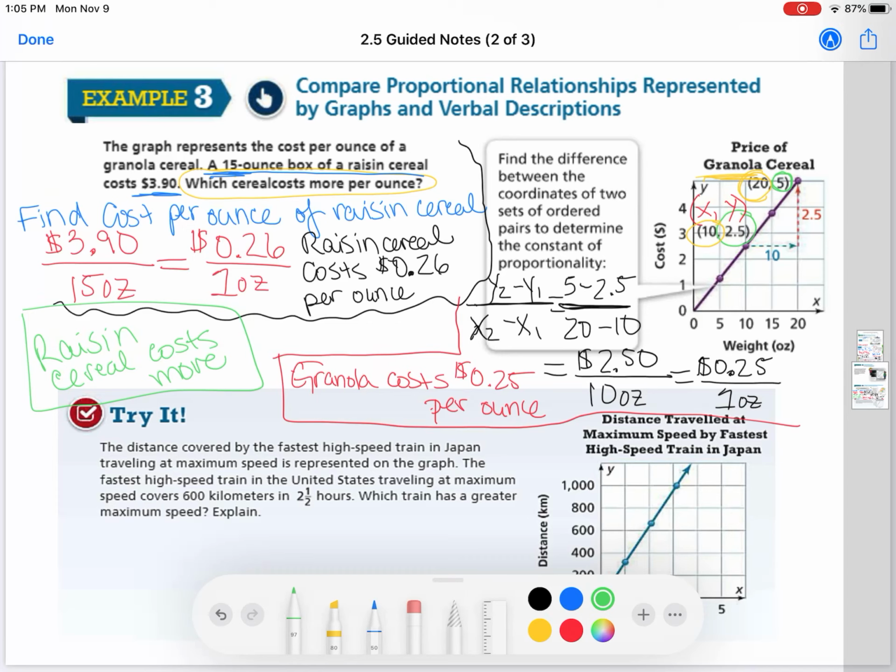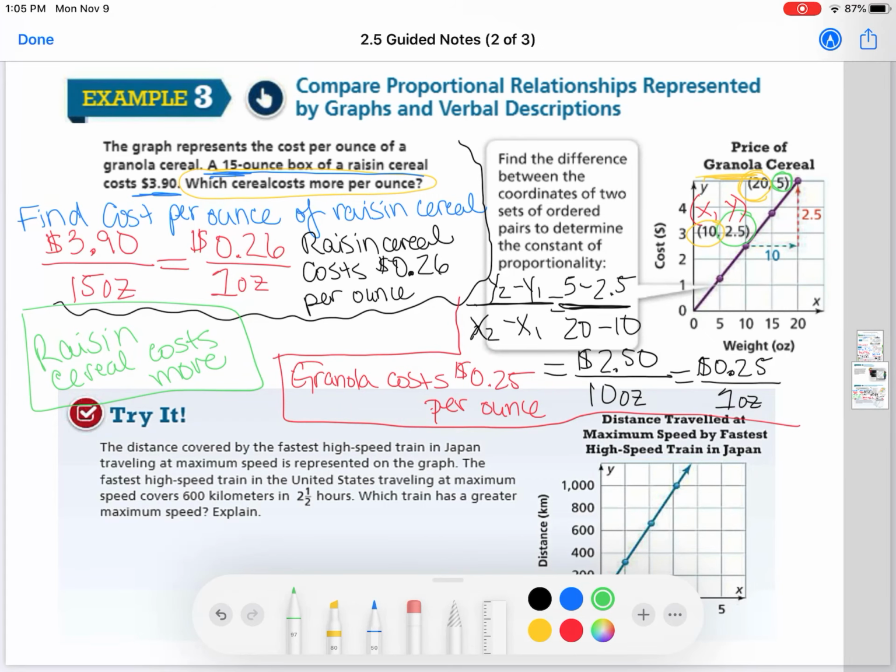So if you subtract the y values, which is what we did, 5 minus 2.5, and then you subtract the x values, which was the weight in ounces, 20 minus 10, that gives you what the change was between those 2 points. But in order to find per ounce, that's why we did that extra step of division, the $2.50 divided by 10 ounces, because we wanted to know how much it was for every single ounce. And again, we will practice that more as time goes on.